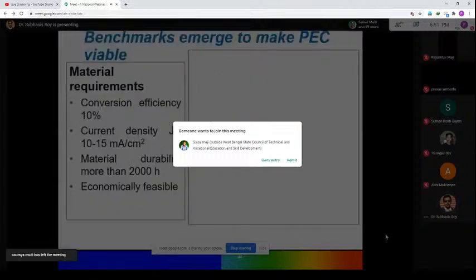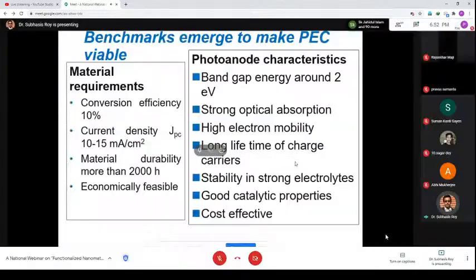Then the benchmark of this experiment: the first material we should target for commercialization is one having 10% conversion efficiency and current density up to 10 to 15 milliampere per centimeter square. But in our laboratory, photoanode characterizations: band gap energy around 2 electron volt, strong optical absorption property required here, high electron mobility required here, and cost effectiveness is the most important part.